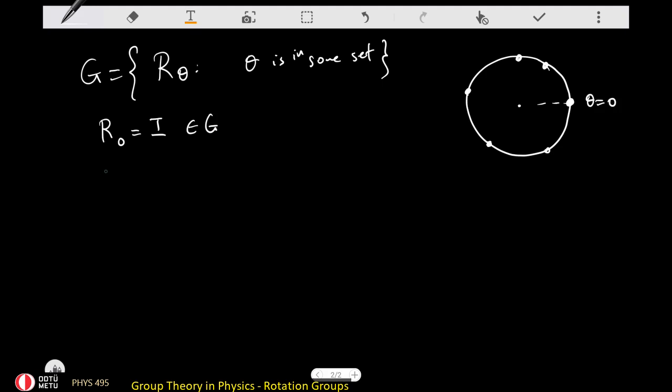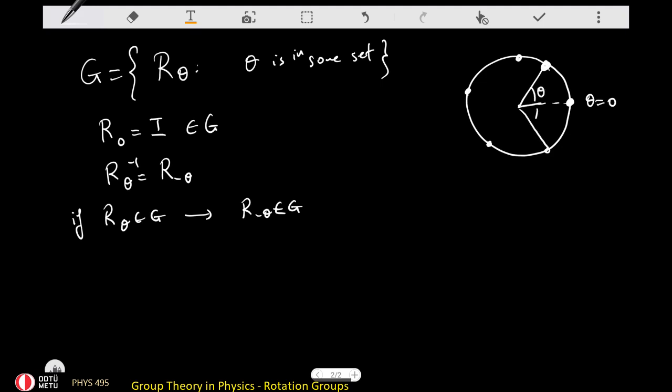Another thing, we know that the inverse of a rotation R theta is equal to R minus theta. So that means, let's say it like this, if R theta is within the group, then R minus theta is also within the group. So if I have a point in here corresponding to angle theta, then a point corresponding to angle minus theta should be within that set.